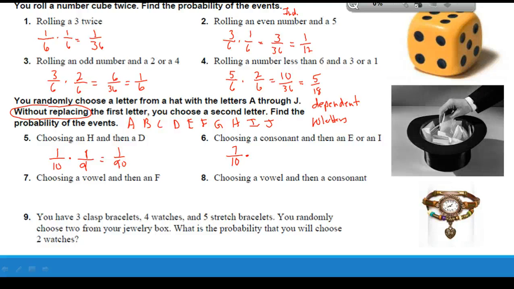Now there are only 9 letters to choose from, so this would be 14 out of 90, and 14 out of 90 is 7/45.